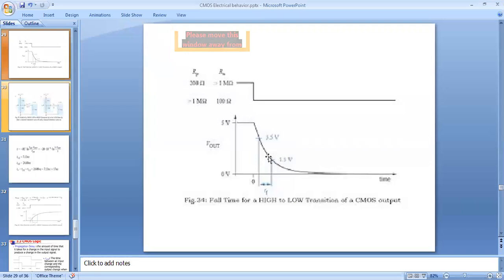Represent these levels, 3.5 and 1.5, and mention TF between them. This exponential, is it a rising exponential or a falling exponential?